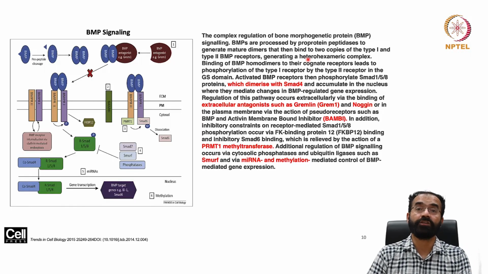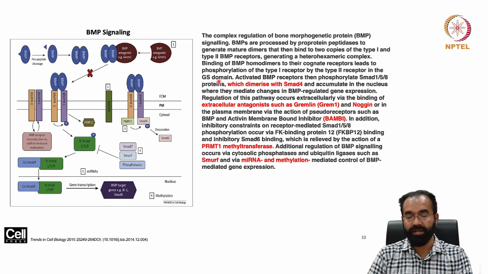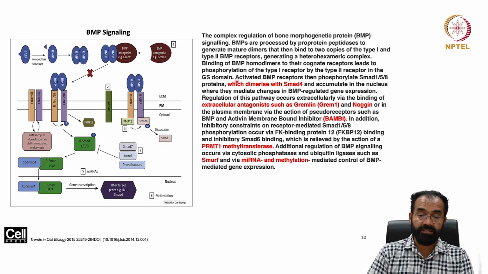Here we have got 6 copies, a hexameric complex. Binding of BMP homodimers to their cognate receptors leads to phosphorylation of the type 1 receptor and also the type 2 receptor in the GS domain, which is a domain present in these receptors.